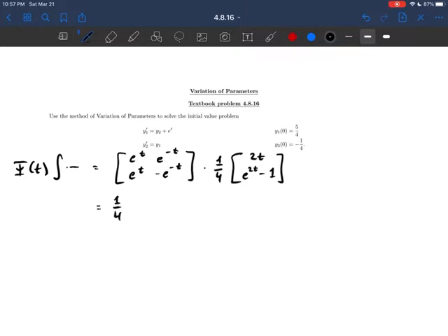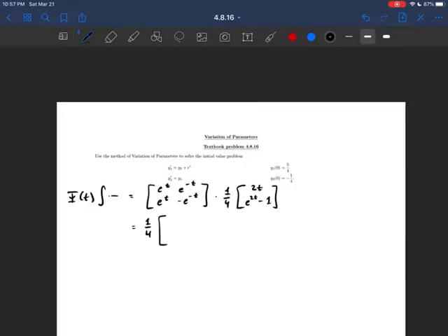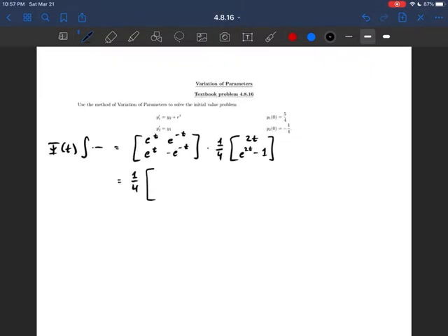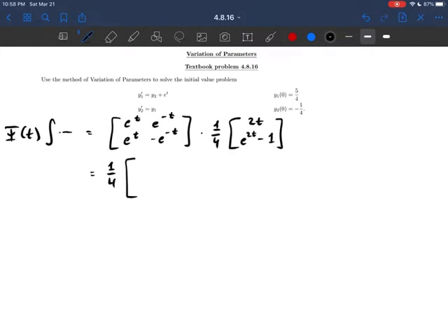And we just need to do some row times column calculations here. So let's see what we get. We're going to have 2t times e to the t, and then e to the minus t times the second entry in the column. So that will be plus e to the t minus e to the minus t.